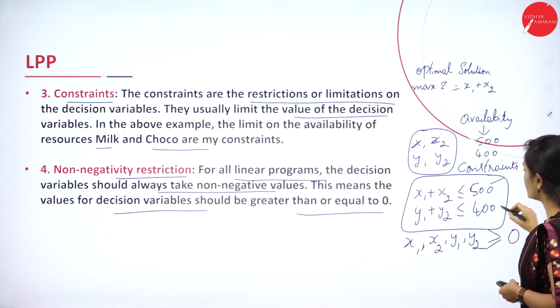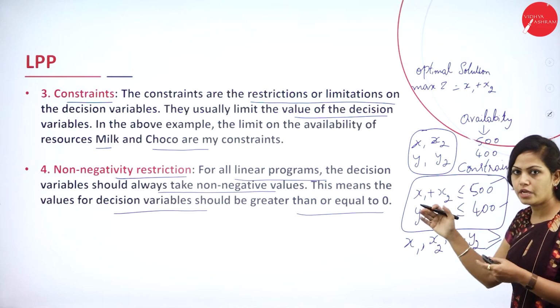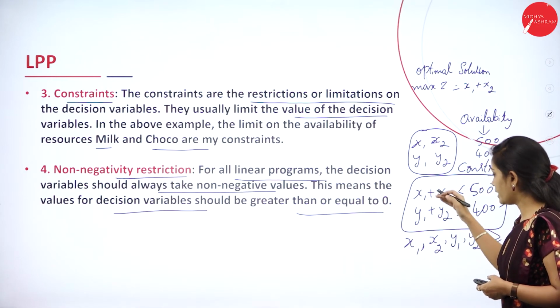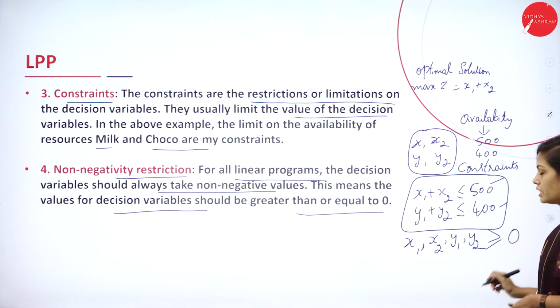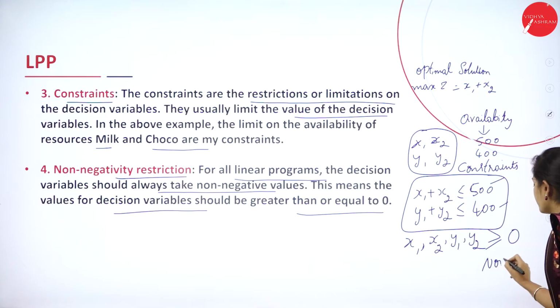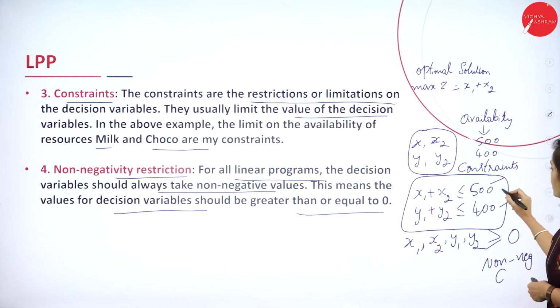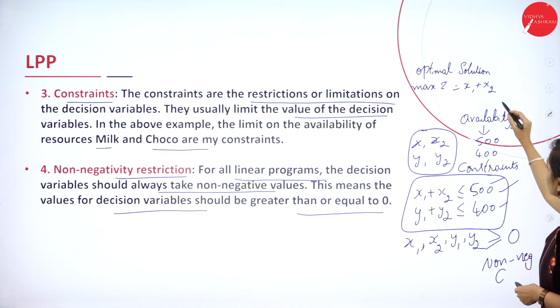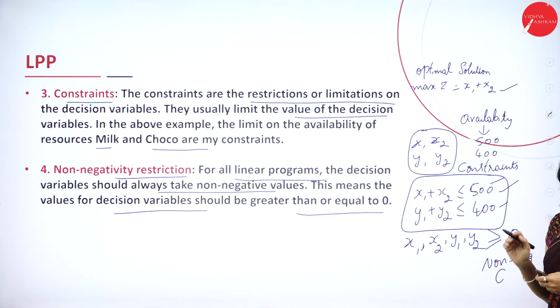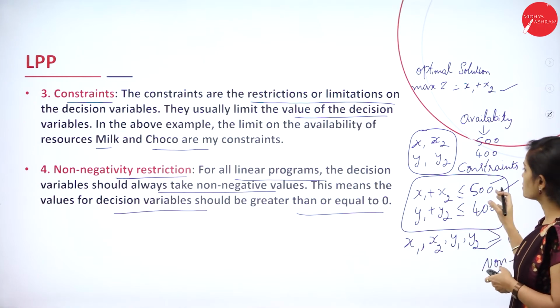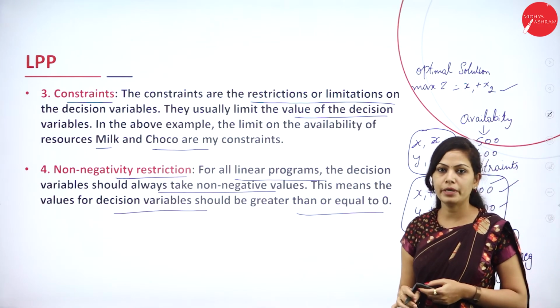So what are this 500 and 400? It is the availability of the product. And all the variables should be greater than or equal to 0. This is called non-negativity constraints. And this is constraints, and this is the objective function or optimal solution. So this is the basic structure of an LPP problem.